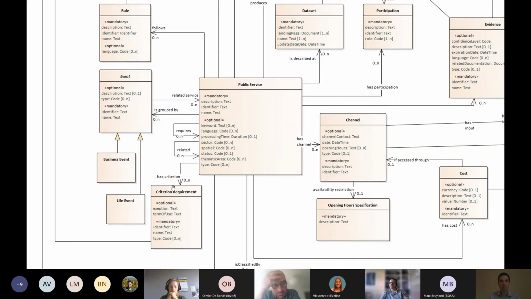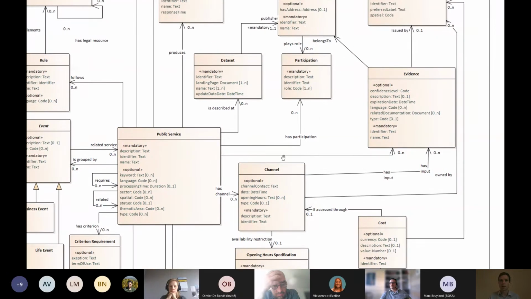So it has different requirements from the beneficiaries of the service in order to be eligible to get access to the service. And those criteria or requirements are usually proven by showing some pieces of evidence. An evidence can be your ID card, it can be your birth certificate, etc., etc.